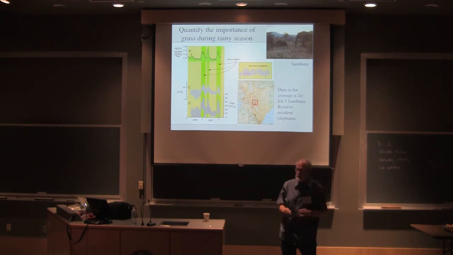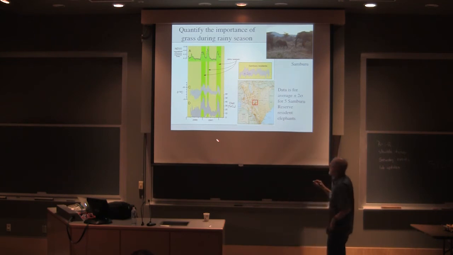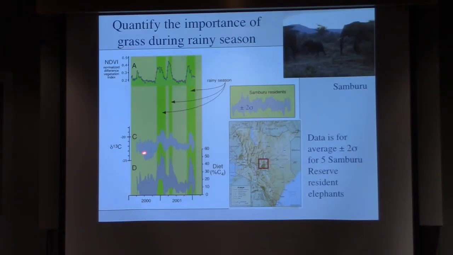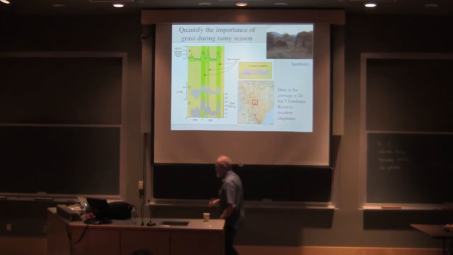We really can't distinguish the isotope value on any 2 hairs collected on the same day from these 2 different animals. So this is the diet, and you can see dry season mostly C3, wet season C4, C3, C4, C3, C4, kind of nice. So we could quantify things.